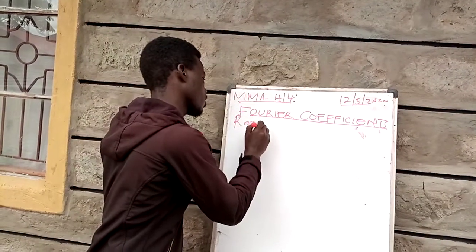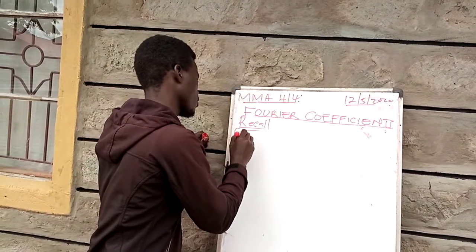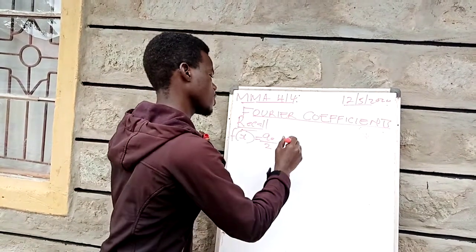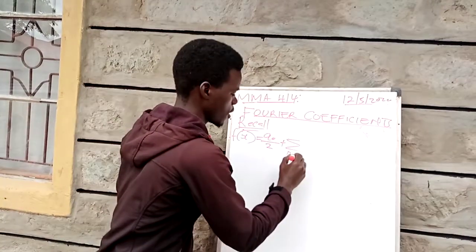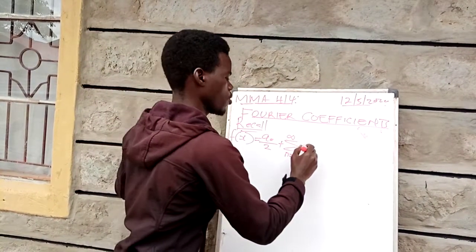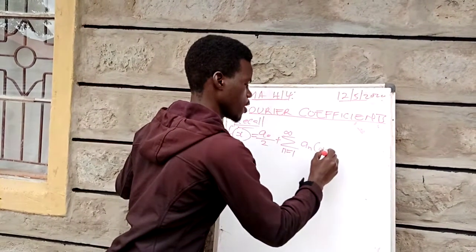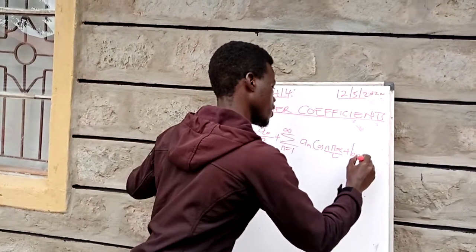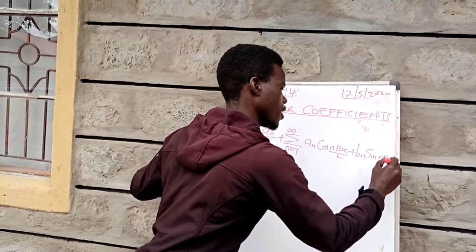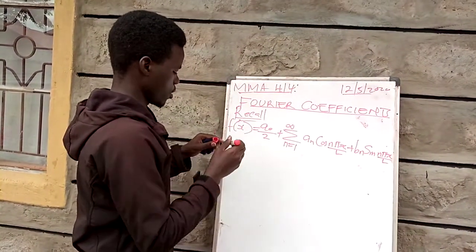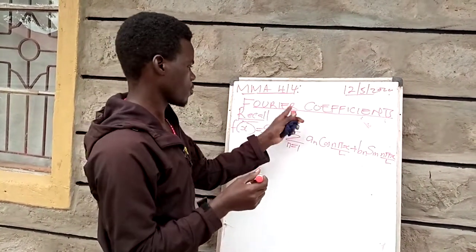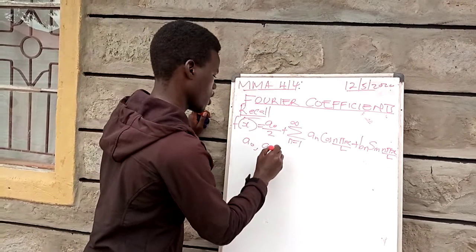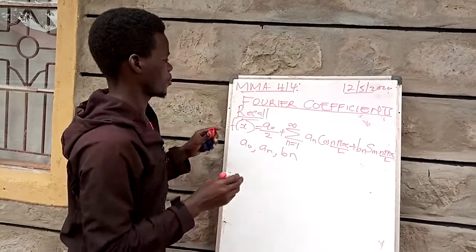Recall that f of x equals a0 divided by 2 plus the summation as n runs from 1 to infinity of an cos n pi x over L plus bn sin n pi x over L. The Fourier coefficients that I'm talking about are a0, an, and bn.